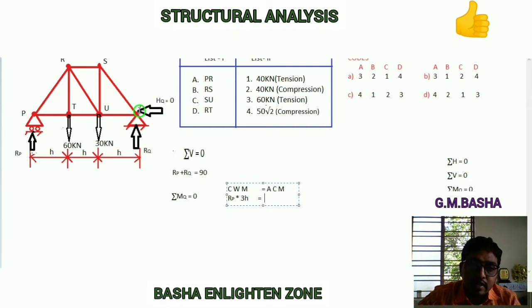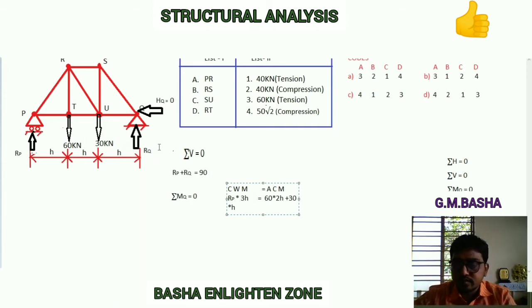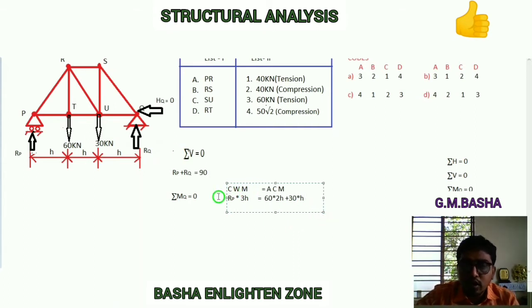It will be acting exactly at that point, therefore RQ contributes 0. Then anti-clockwise moments: taking the right side, 60 into 2H, which is acting anti-clockwise about Q, plus this 30 into H. If you simplify this, you will get 60 into 2, 120H plus 30H, that will be equal to 150H.